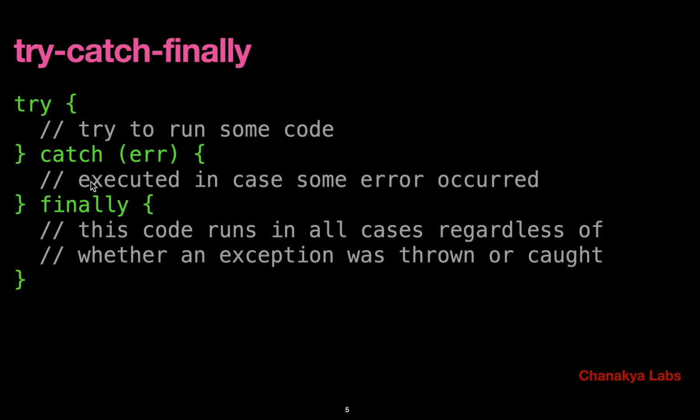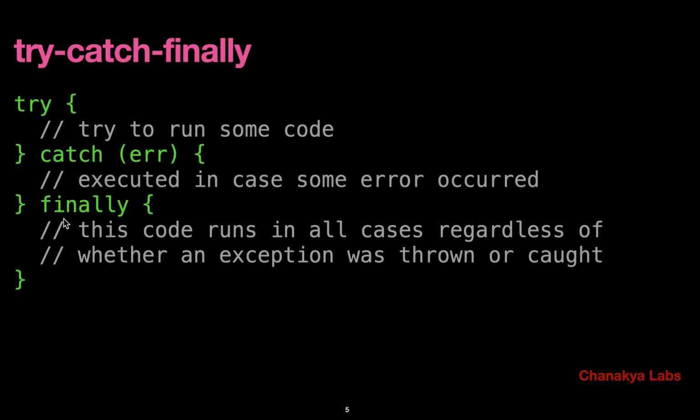But even if it did not fail, you want to do something. For example, if you opened a file, then you have to close the file before going to the further piece of code. So whether some code crashed or not, in both cases you have to close that file. If something crashed, I will throw an error and close the file. But what if there is no error? Then also I opened a file, I wrote something, and then I also have to close it.